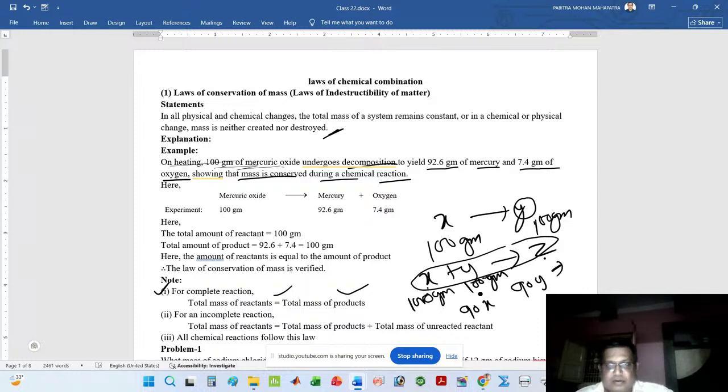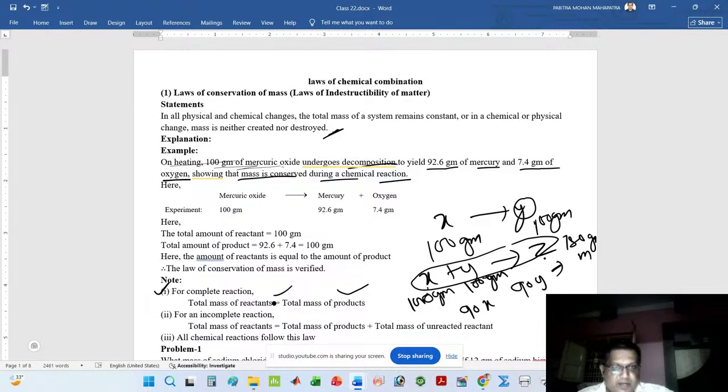Then what will be the relationship? Here suppose Z is 180 gram. Then what will be the formula?